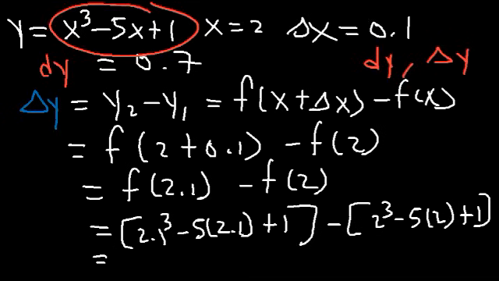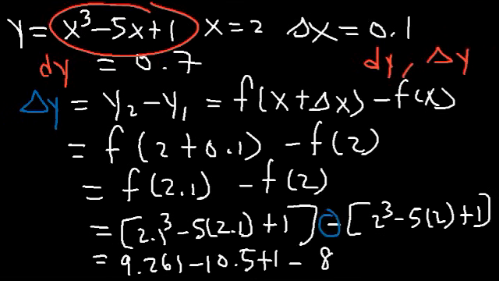2.1 to the third power is about 9.261. And 5 times 2.1 is 10.5, plus 1. 2 to the third is 8. 5 and 2 is 10, but it's negative times another negative, which is positive 10. And distribute this to plus 1, so it's negative 1. So 1 minus 1 is 0.